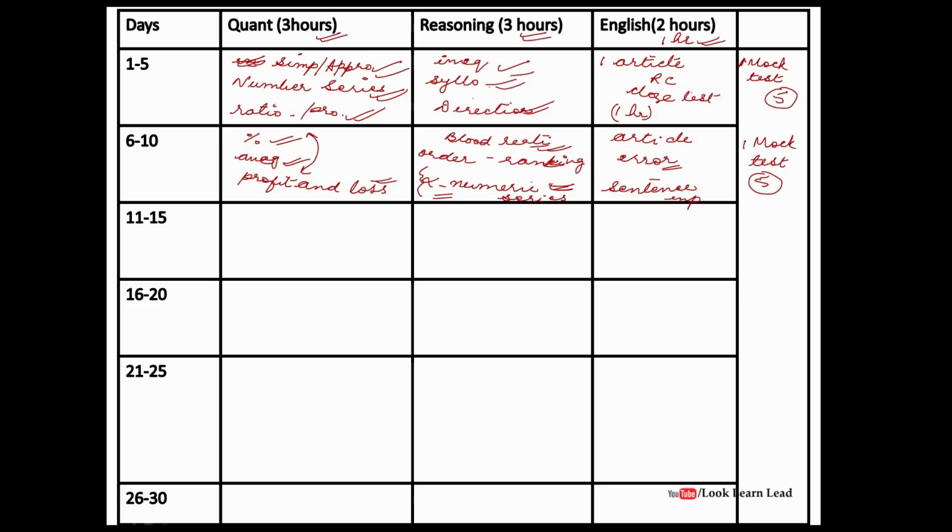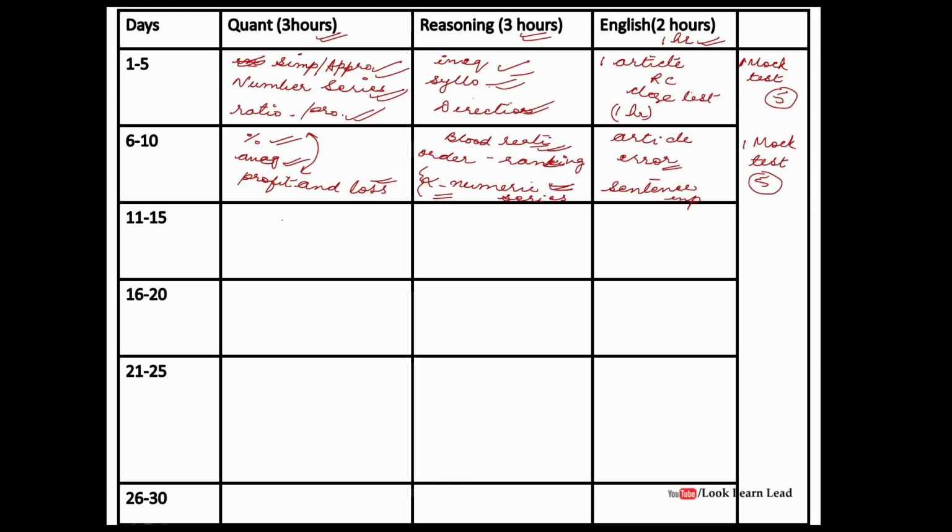You should see the improvement. You should feel that you have improved from the mock tests. And you should note that in the previous topics which you have already studied, that is inequality, syllogism, direction, simplification, approximation, number series and ratio proportion, you should not do any question wrong.